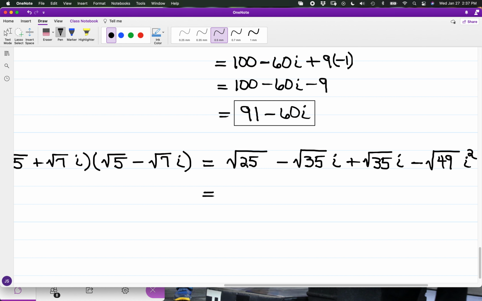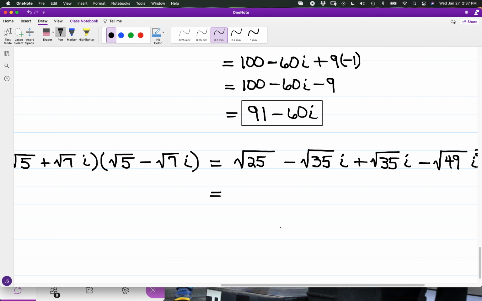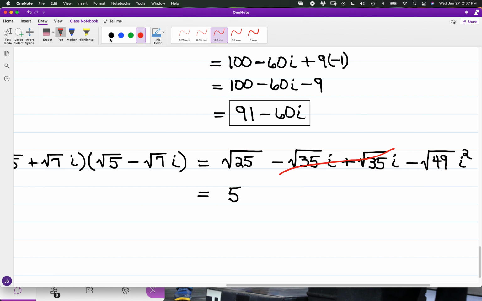Looking at the first product again, you have the square root of 25, and that's already going to be 5. Now for the second and third items, the outside product and inside product, there are additive inverses, so these will go out. And we have the square root of 49, which is 7, and i squared goes to -1.